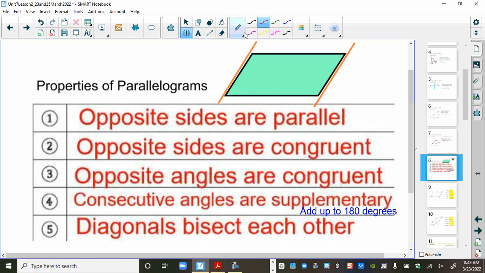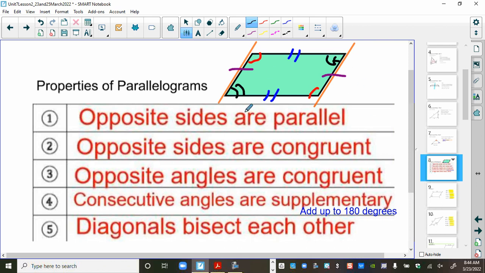And also, that means their opposite sides are congruent. Also, opposite angles are congruent. You need to know which 2 angles are opposite, they're congruent.